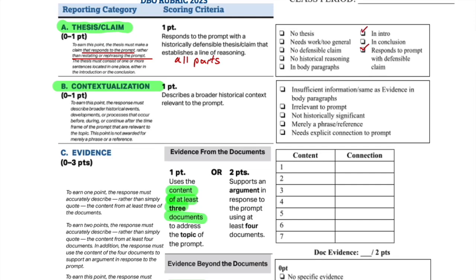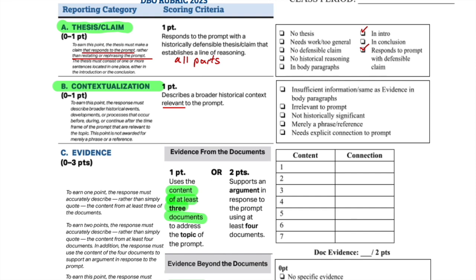You want me to mark both of these because that means you get your thesis point. Then with your context point in your intro, I'm going to ask myself, is this context relevant? If your essay is on the Age of Exploration, but your context is all about, let's say, the Gupta Empire in India, then that's not relevant.